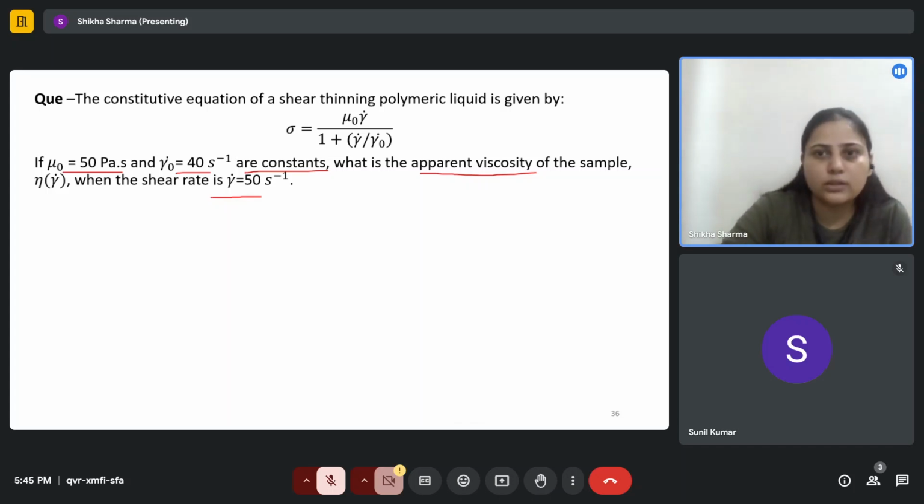We need to calculate the apparent viscosity at a shear rate of 50 second inverse, where the equation for a shear thinning polymeric liquid is given as this.